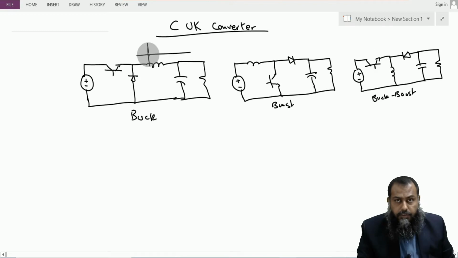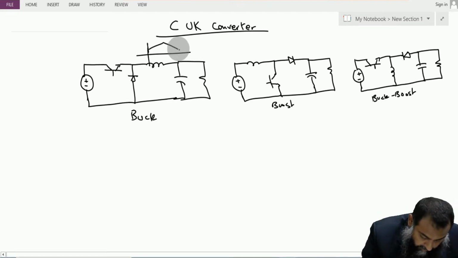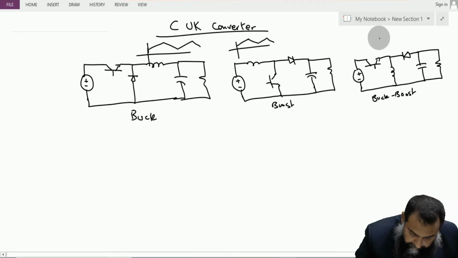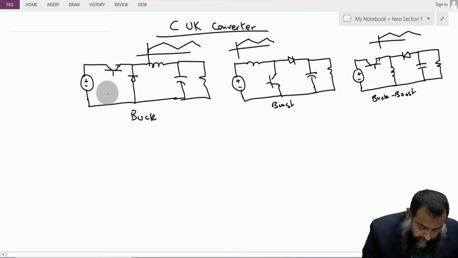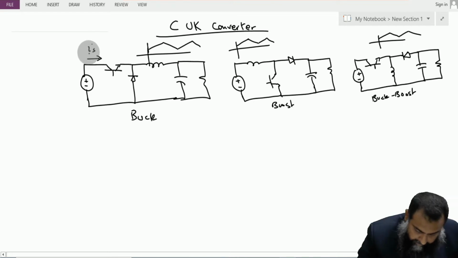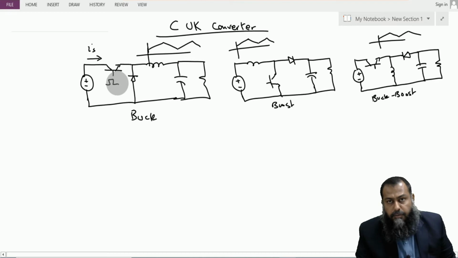Now let us assume that all of these three converters are operating in continuous conduction mode, and therefore we have this kind of inductor current for all of these three basic converters. Now if you notice here, this input current, this is Is, it only flows when we have this switch in the conduction mode.